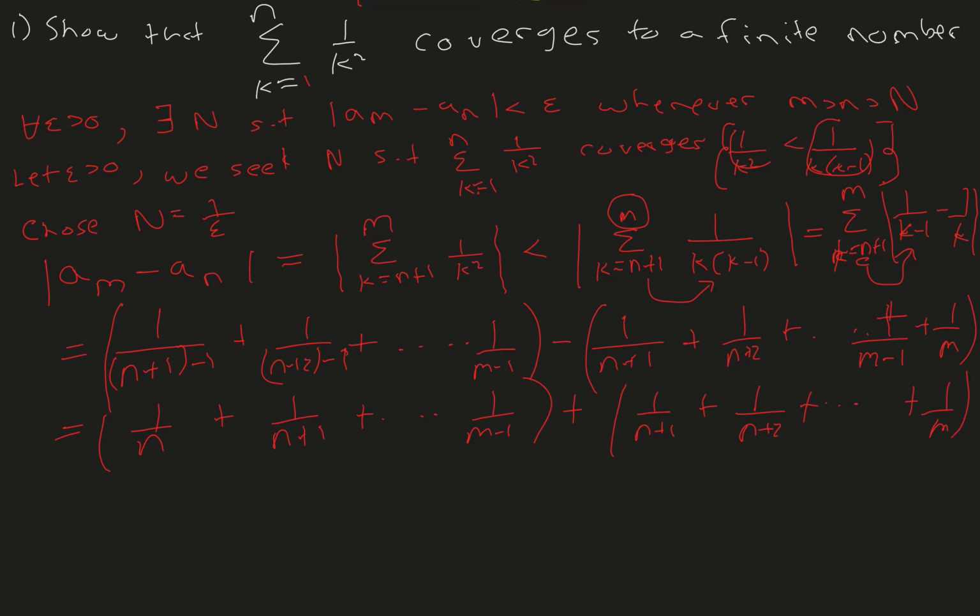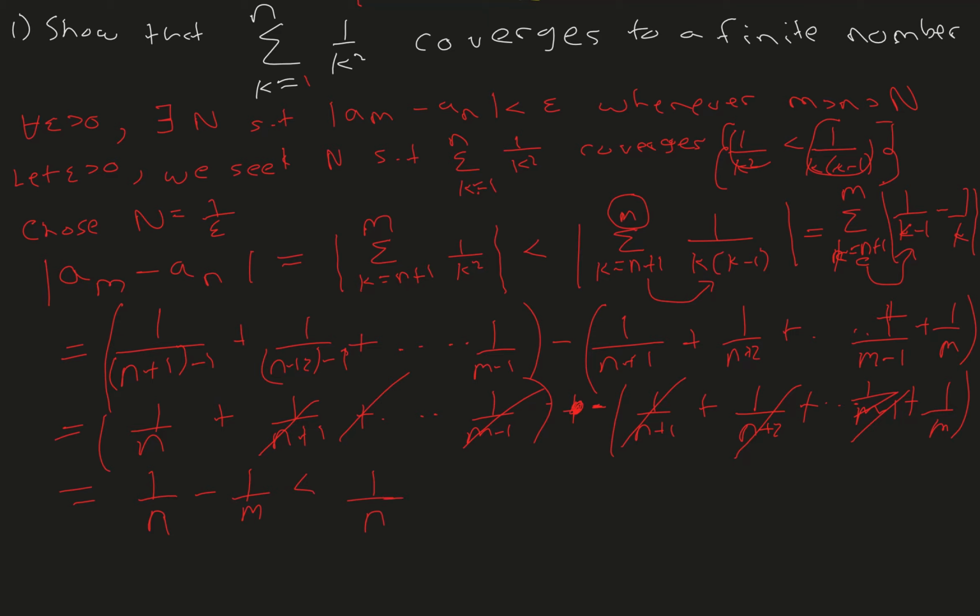Sorry about that, this should be a minus. So all these terms will cancel out: this n plus 1 will cancel out with this, and n plus 2 right here will cancel out with this, and so on and so forth. There has to be a 1 over m minus 1 right here. So all these terms cancel out, and at the end we just get 1 over n minus 1 over m, which is less than 1 over n.